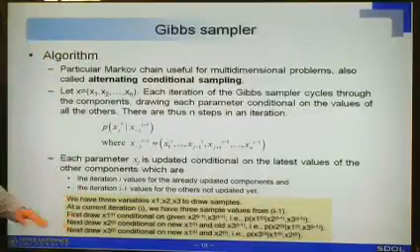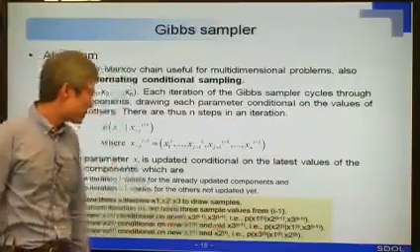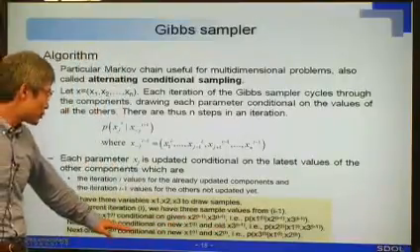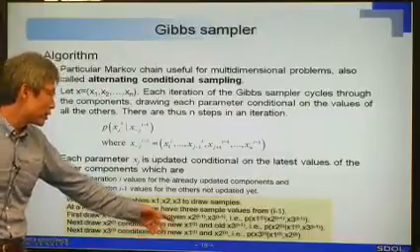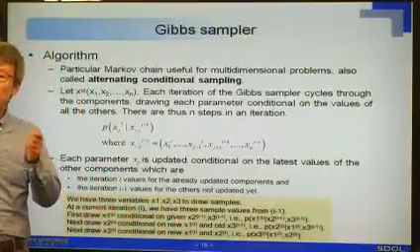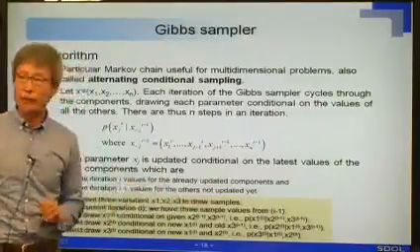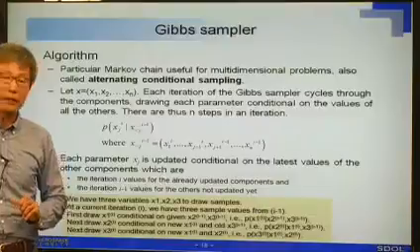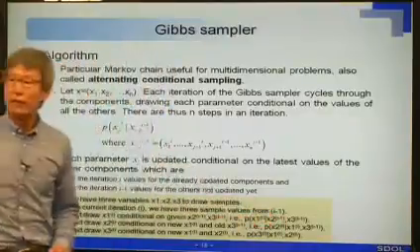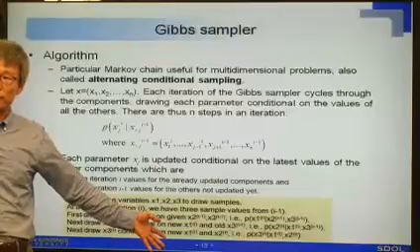Next, for the x2, in this case, we draw sample conditional on the current x1. Just a moment ago, we made a new sample that is turned into the given value right away. And still the x3 comes from the previous I-1th iteration.